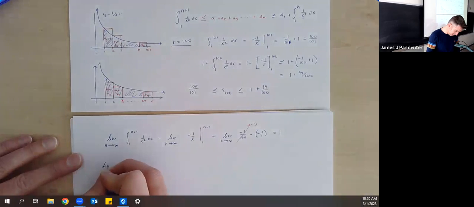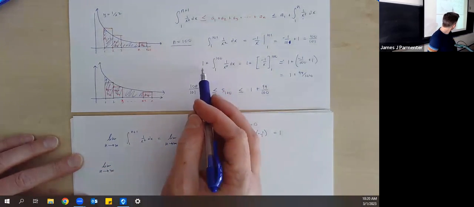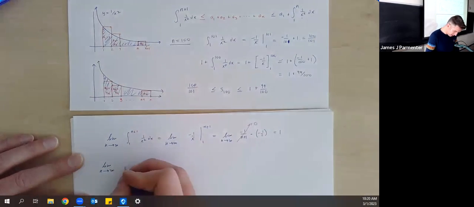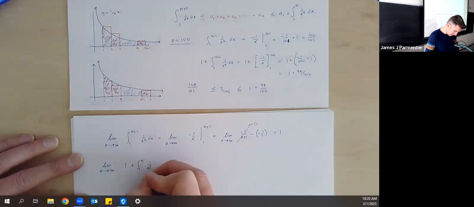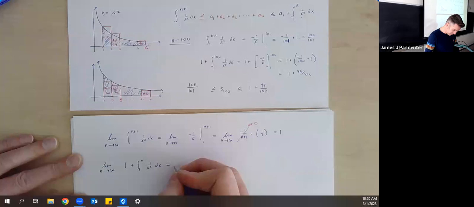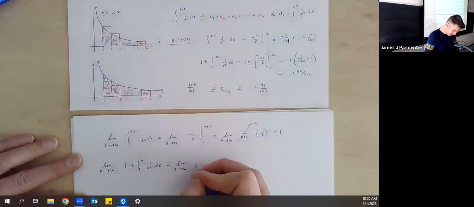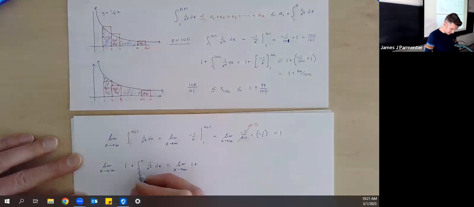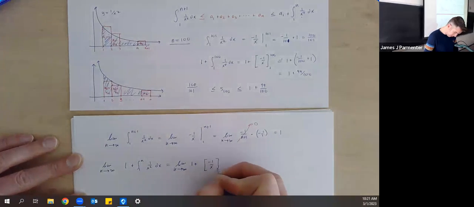And the limit as n goes to infinity of the other thing, which is this part here, the a sub 1 plus the integral from 1 to n of 1 over x squared dx, which is going to be the limit as n goes to infinity of, oh, sorry, I forgot the 1 here, of 1 plus the integral of 1 over x squared, which is again negative 1 over x from 1 to n.